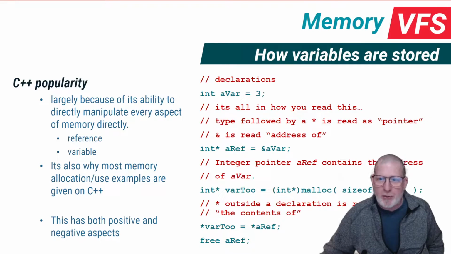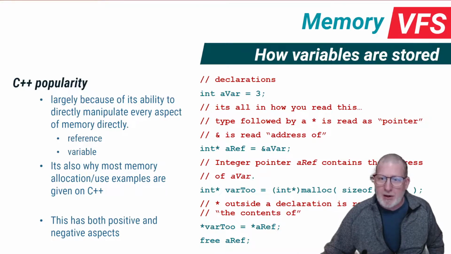Old school C would write the allocation this way. How's that for cryptic? So the integer pointer, variable 2, we're going to memory allocate the size of an integer, turn it into an integer pointer and assign it to variable 2, which is an integer pointer type.